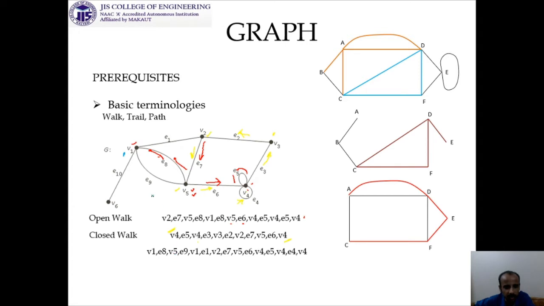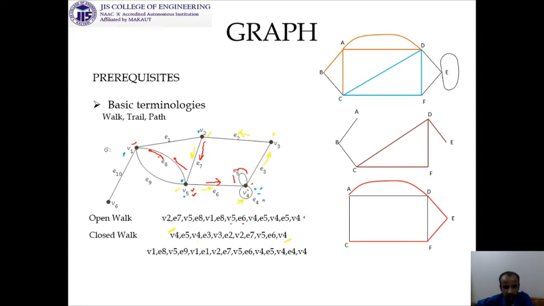Then E8, V5, then E9, V1, then E1, V2, then E7, V5, E6, V4, E5, V4 according to the self loop, then E4, V4, another self loop is considered.